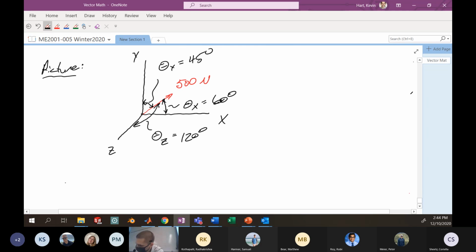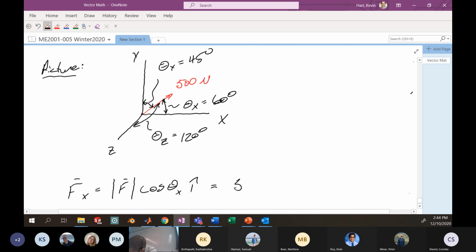Pretty straightforward here. We'll just use our equations. Force in the x direction is the magnitude of the force multiplied by cosine theta x in the i hat. We plug in here.